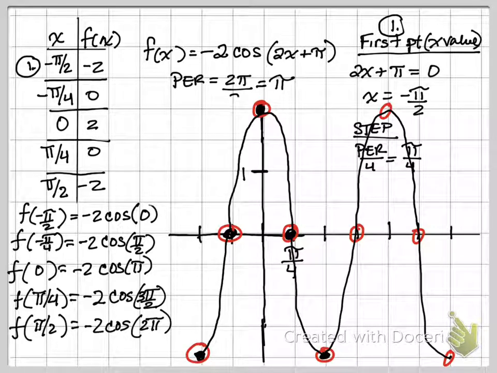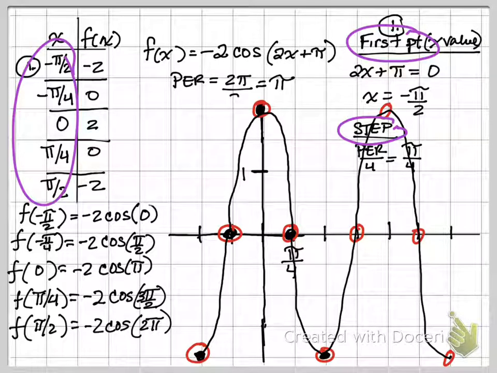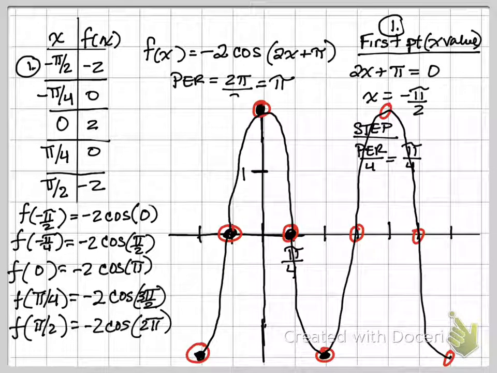So that process of using the first point and the step to get these x values, the way that we've done it here, will apply to sine and cosine. We'll actually use something similar, but not precisely the same for all of the other trigonometric functions. Okay, so I hope you can graph those.